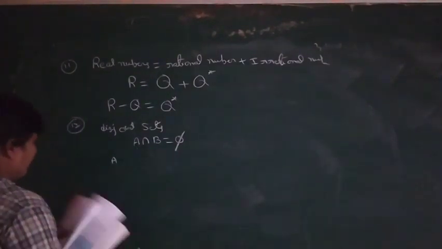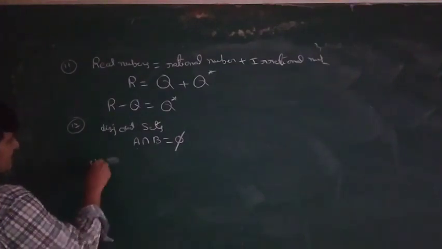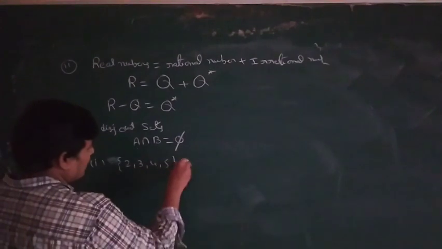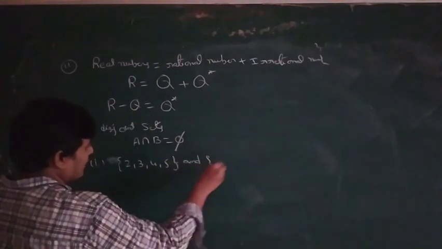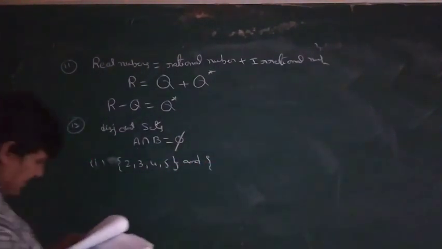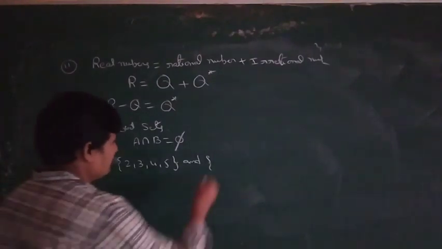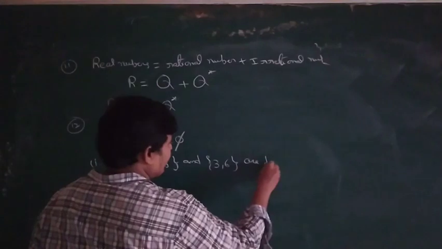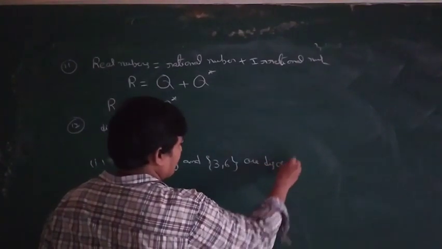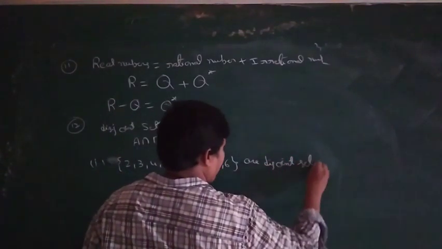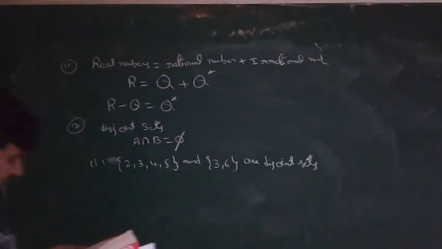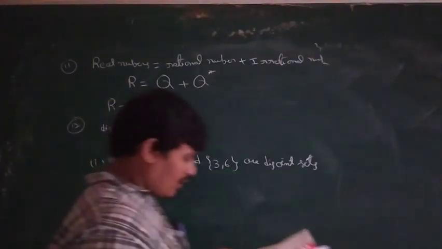So, a problem. 2, 3, 4, 5 and 3, 6. Disjoint sets. The problem says: state whether each of the following sets is true or false.